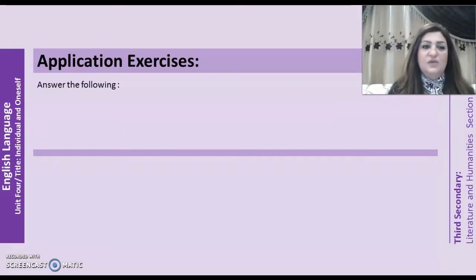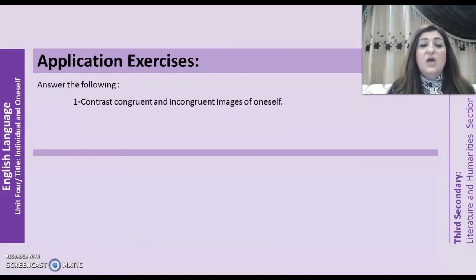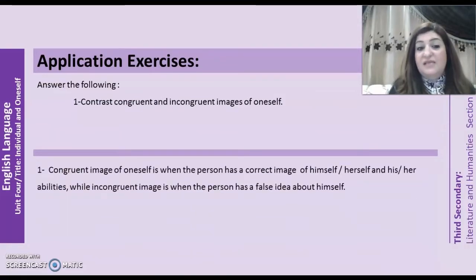Answer the following questions. Number 1, contrast congruent and incongruent images of oneself. Now let us think, dear students. The question here is to contrast. It means find the differences as mentioned in the templates above. My answer should include while or however.